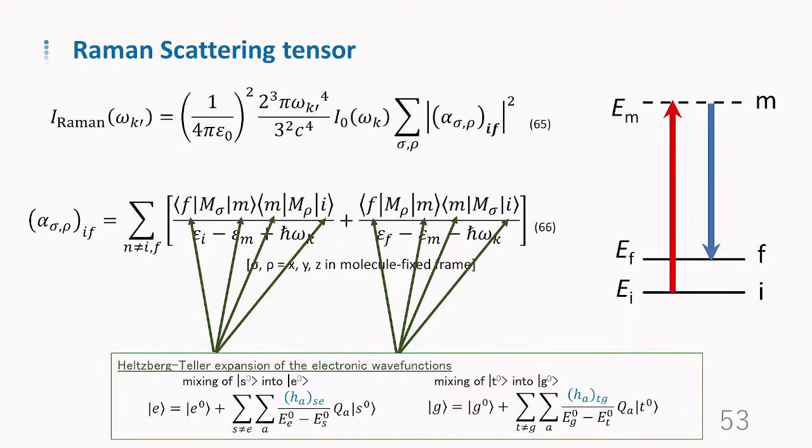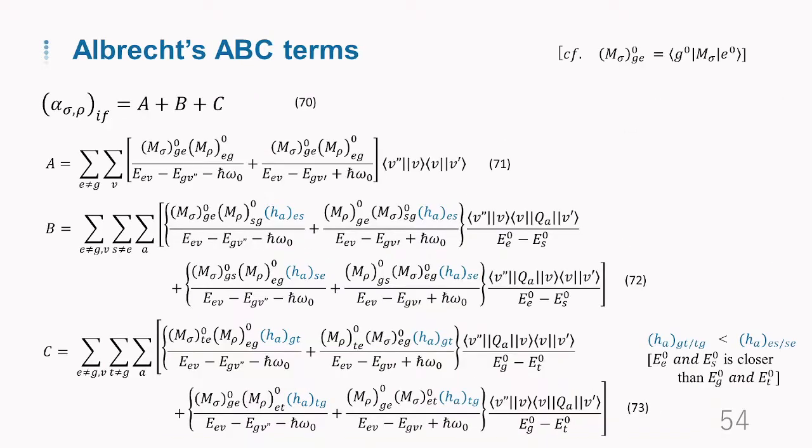HAGT is smaller than HAES because of the denominator. The denominator is smaller in the case of EE minus ES than EG minus ET.